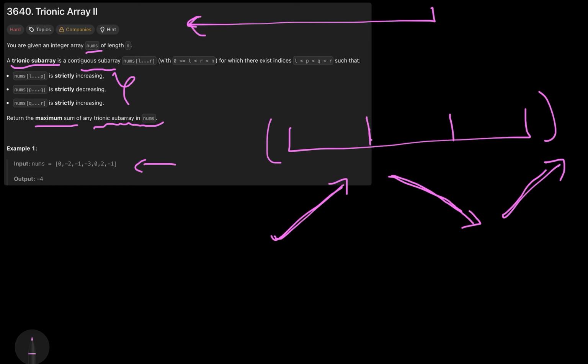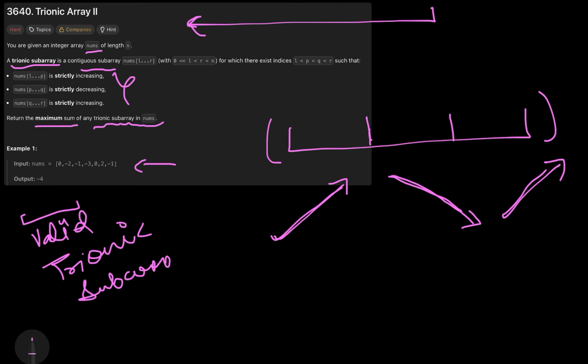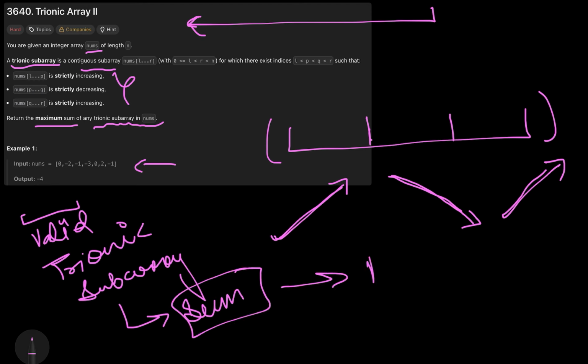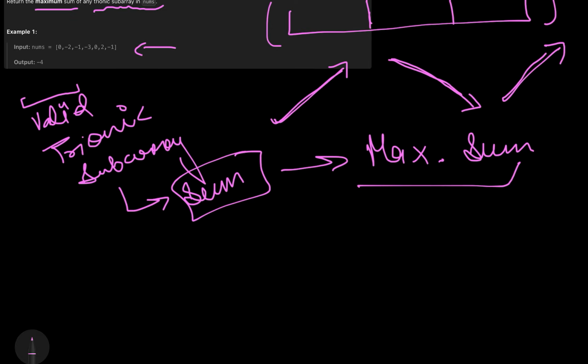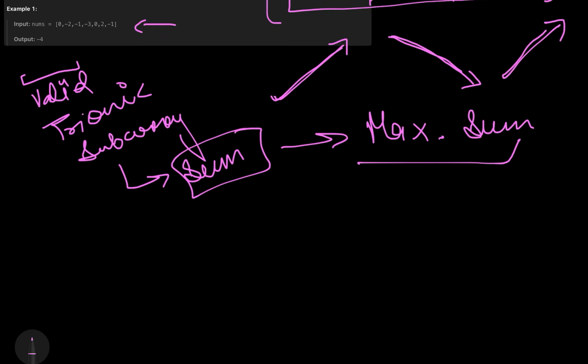So we'll first see all the valid trionic subarrays, then take the sum of each of them, and find the maximum sum among all these sums, and that would be our answer. If there is no valid subarray, the result stays negative.